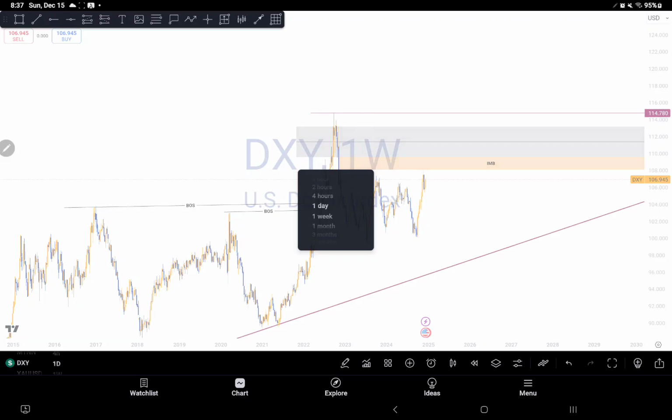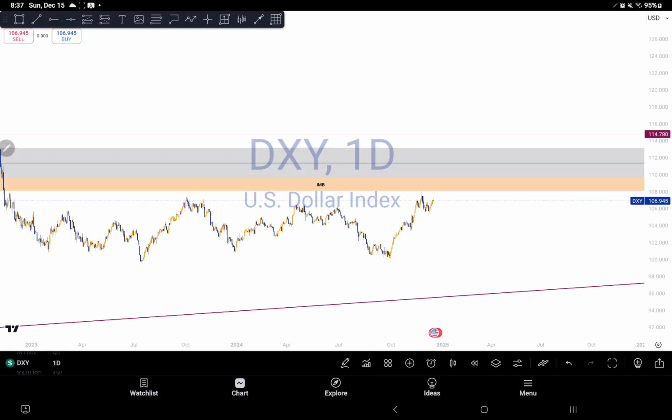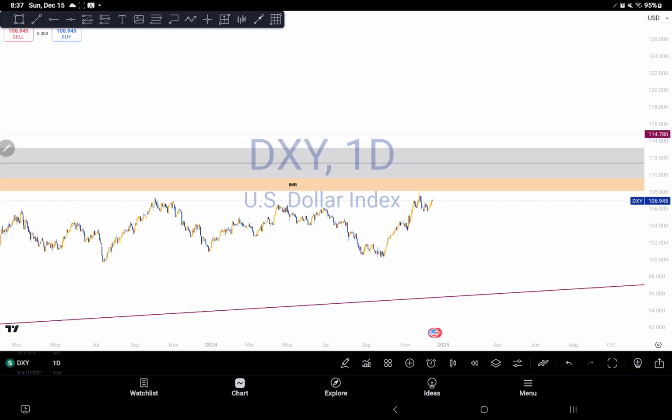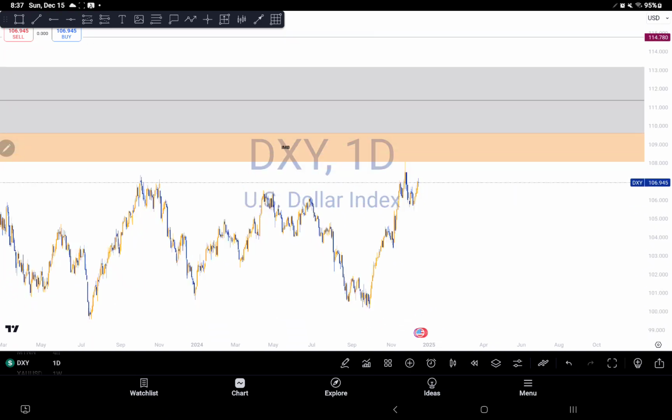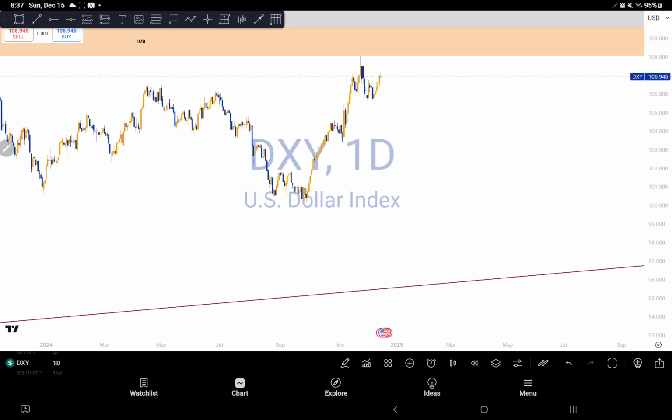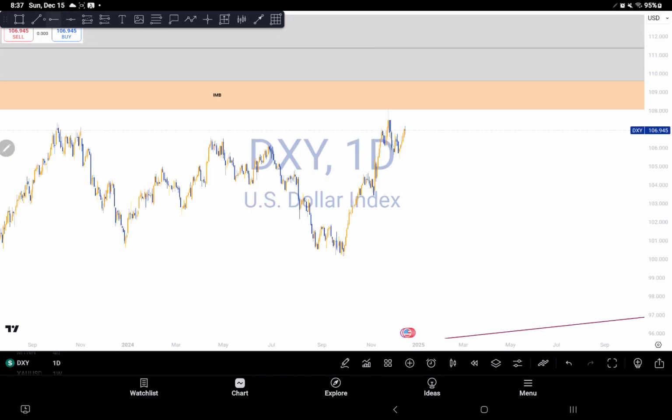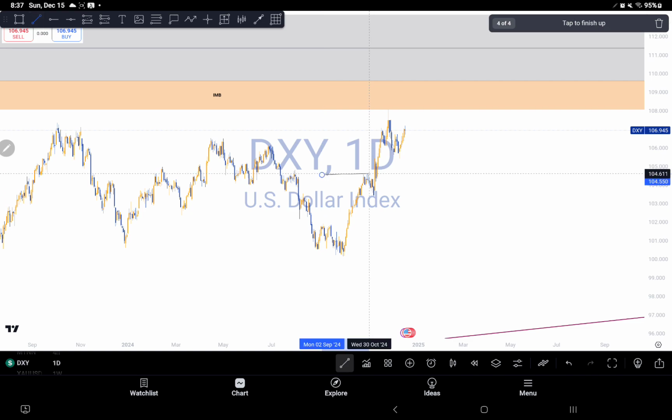Let's go to my daily time frame and see what we are seeing. Definitely, we can see that the market continues to be bullish, right? You can see we have this break of structure right here.